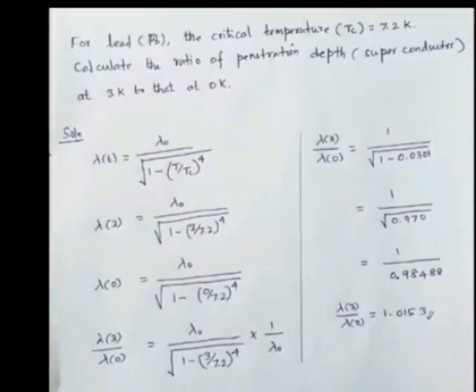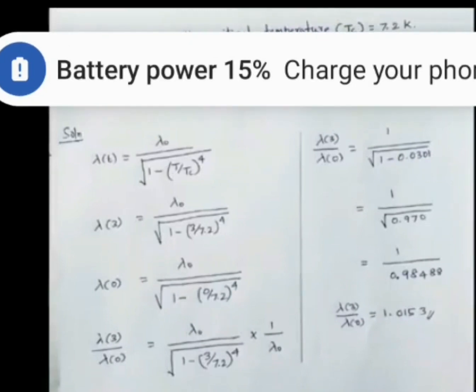Now we will see the problem statement. For lead, Pb, the critical temperature Tc is equal to 7.2 Kelvin. Calculate the ratio of penetration depth at 3 Kelvin to that at 0 Kelvin. This is the problem statement.